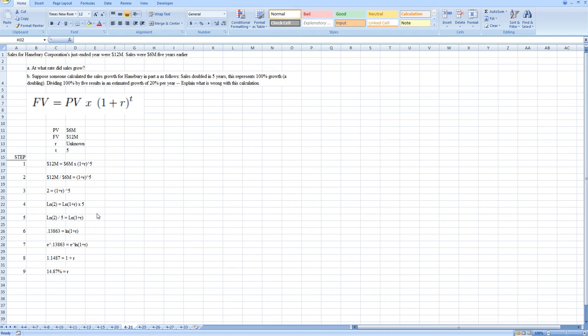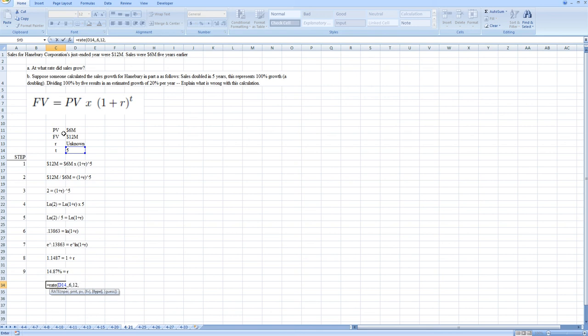As you guys already know, we can also use the rate function to check our work. So we type in equal sign rate. Number of periods is 5. There's no payment. The present value is 6 million. The future value, we'll say, is an outflow of 12.